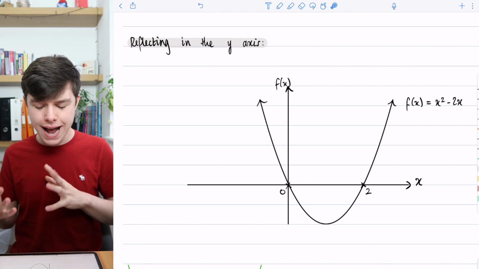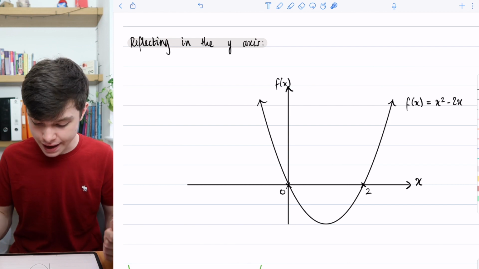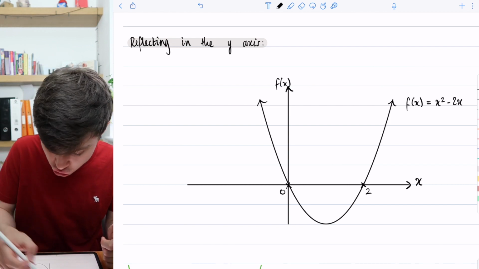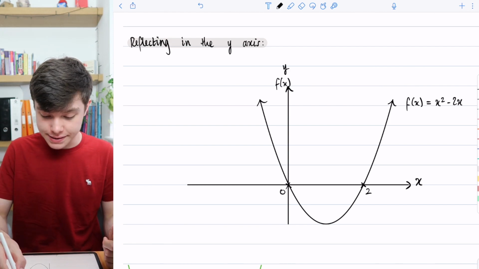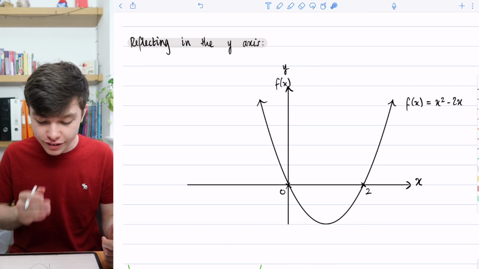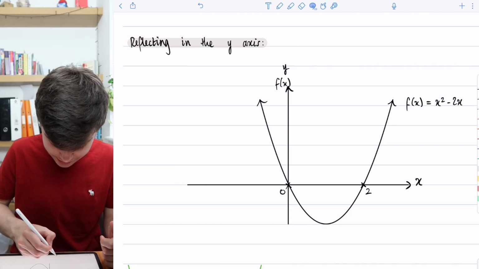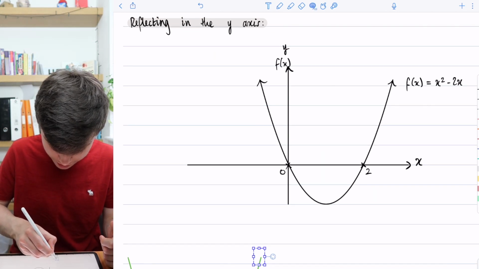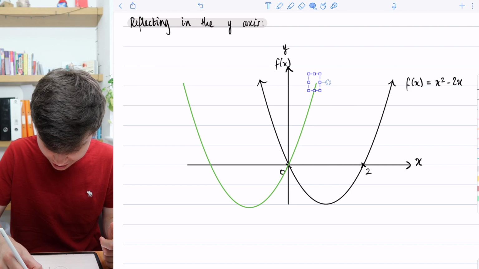Well, the y-axis is actually disguised as the f of x axis here, but it's just another way of writing the y-axis. This is our y-axis. If we reflect that in the y-axis, it's going to look something like that.